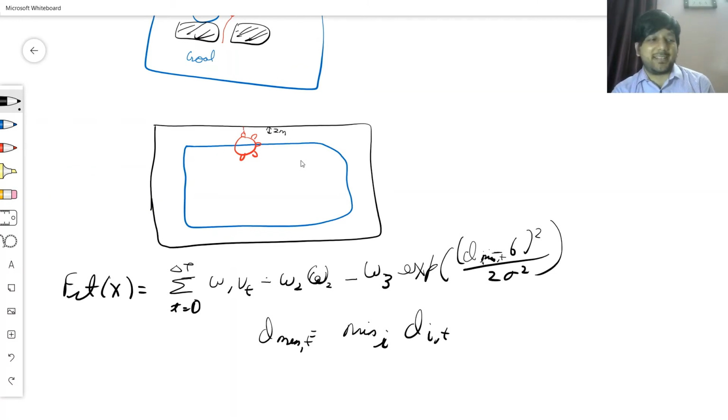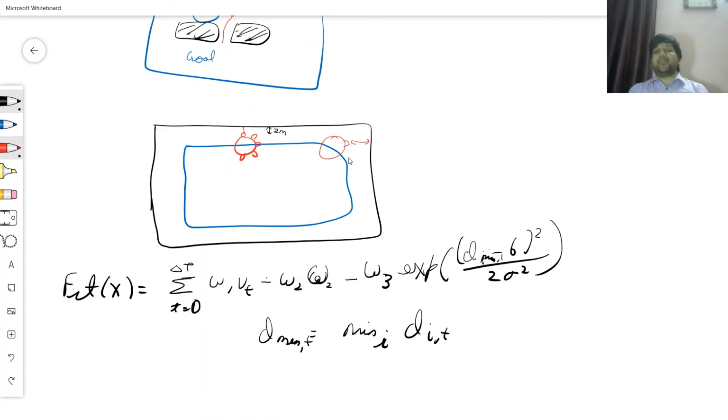All that it does is, this time, the moment the robot for any reason goes over here, this term will unnecessarily become large. The moment the robot comes here, this term will anyways become large. Of course, the angular speed will increase, so that's also bad. However, once it's at this point, what will happen is that if it doesn't reduce its linear speed, if it doesn't increase its angular speed, then this term becomes very small.